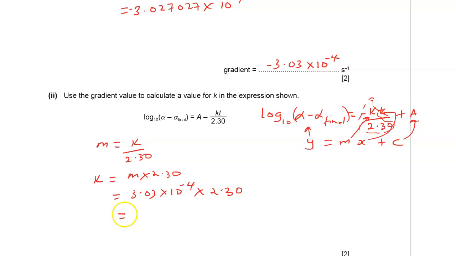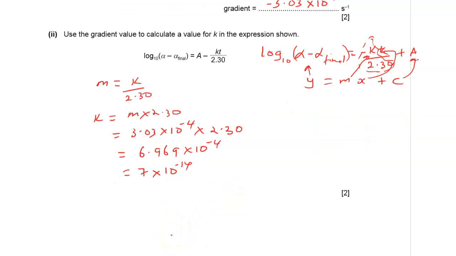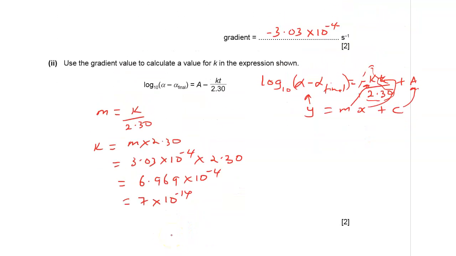What you get here is 6.969 times 10 to the power minus 4, and this is approximately 7 times 10 raised to power minus 4. We are supposed to use the gradient value, which is negative, to calculate the value of k. Of course, this is negative and this is negative here, so the negatives cancel. So the value of k will be that.